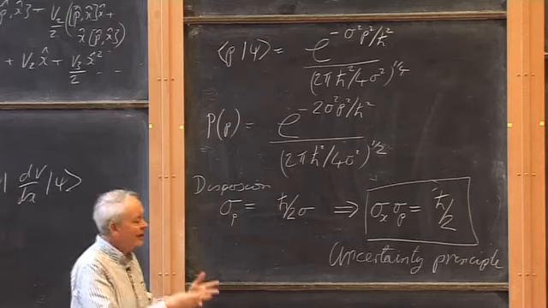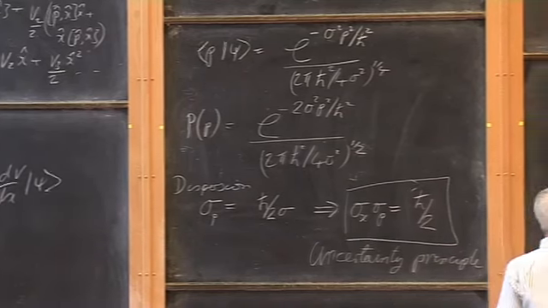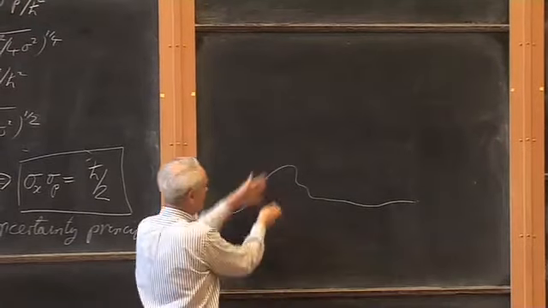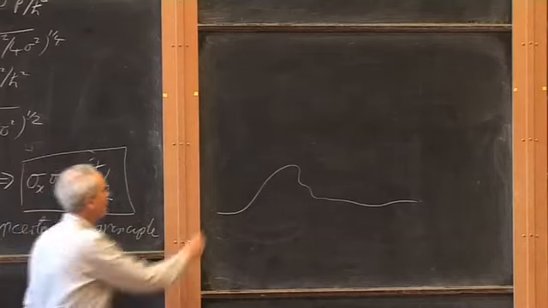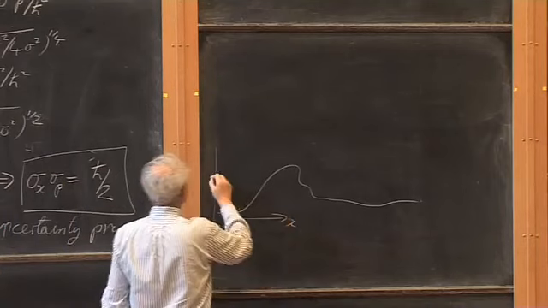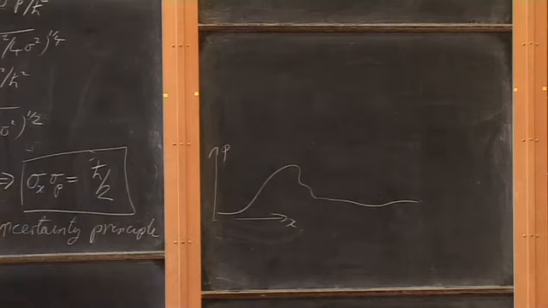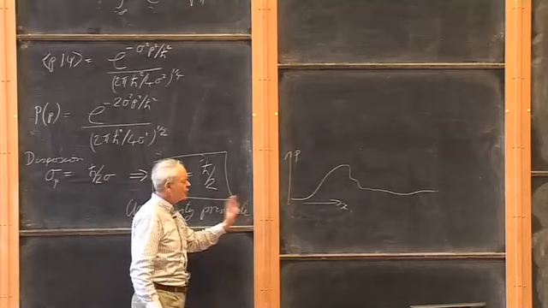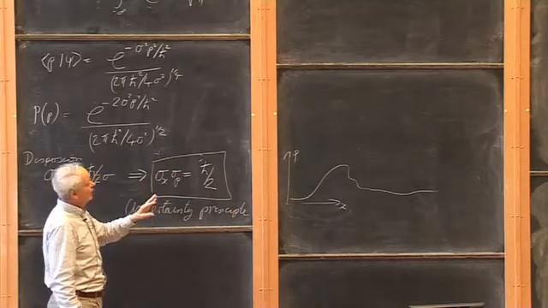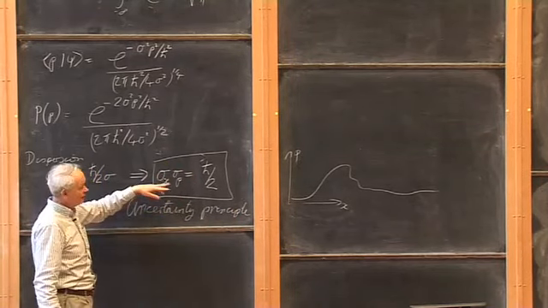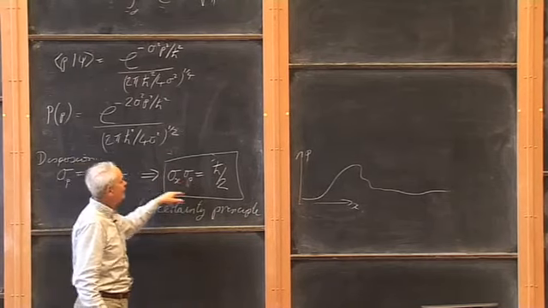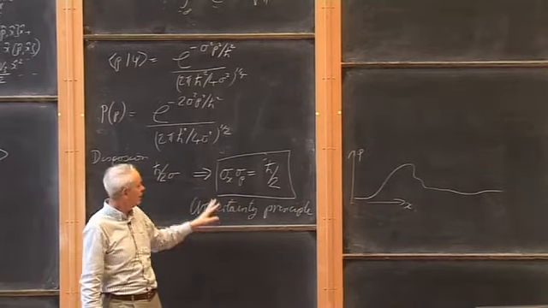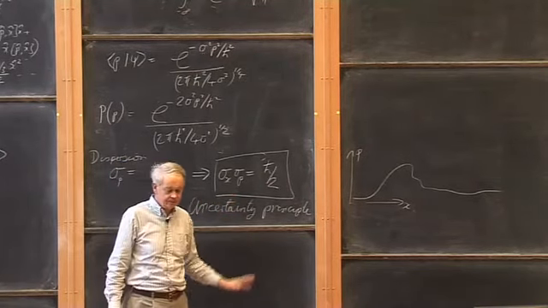But in a generic case, if you know your probability distribution is just some curve that's got a natural width and a location in x, then the corresponding probability distribution in p will have a width which is broadly related to the width in x by a relationship of this type, but it won't be exactly h bar over 2 in the generic case. It's exactly h bar over 2 just for these Gaussian distributions.